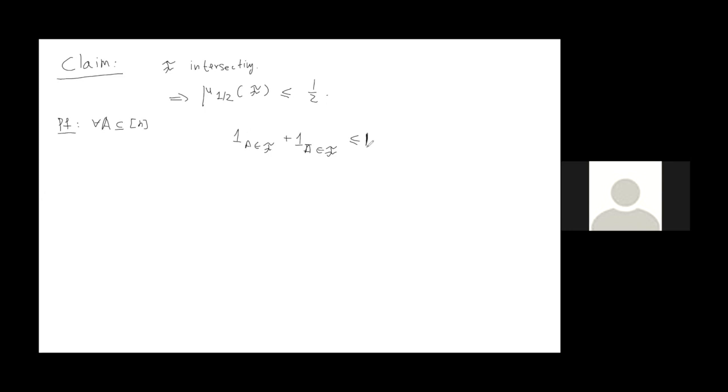And why is that? Well, it's because these two sets have empty intersection, so they cannot both be in F. So if we take expectation now over uniform A, we get the result.